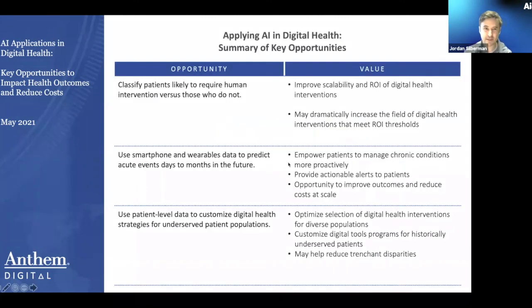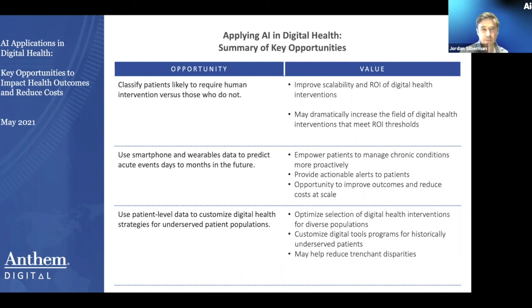To summarize here, we've talked about 3 key opportunities to apply AI in digital health. These are by no means the only opportunities, but they are a few that, in my opinion, have the potential to provide true value. They do, in my opinion, have a real shot at improving health outcomes at scale.